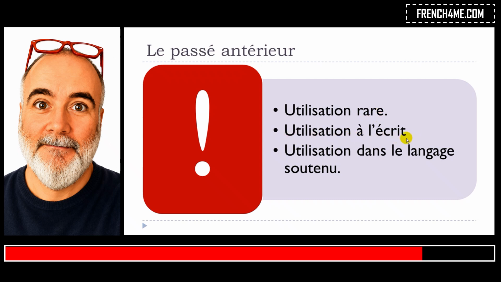L'utilisation est à l'écrit, so it's mostly written, and then l'utilisation est dans le langage soutenu, so we are talking about formal French in that case. We're not really talking about the French that you will use orally with friends or family, okay, because in that case you will use other tenses of the past.